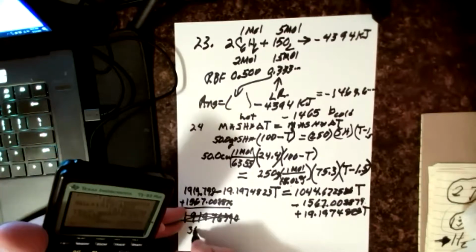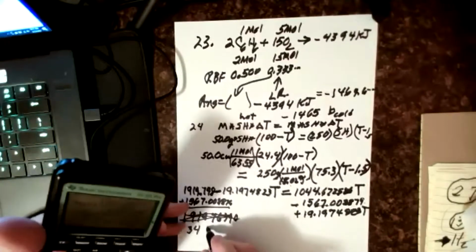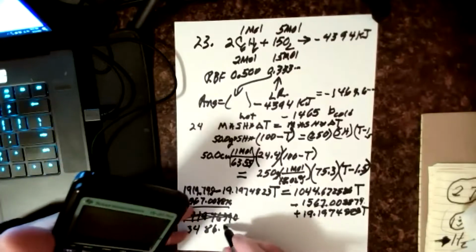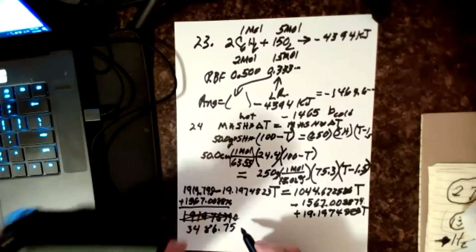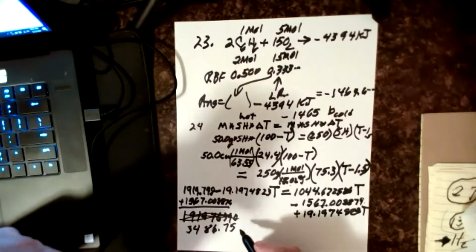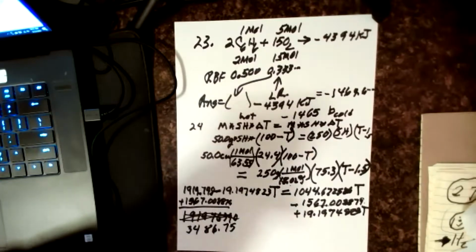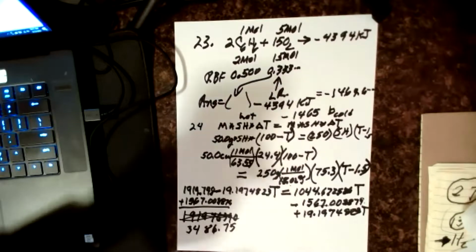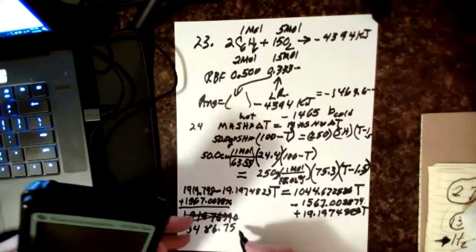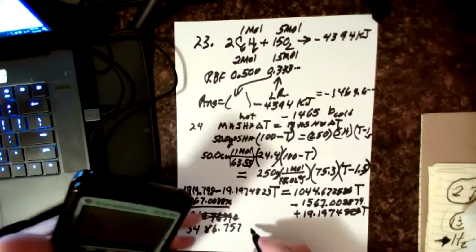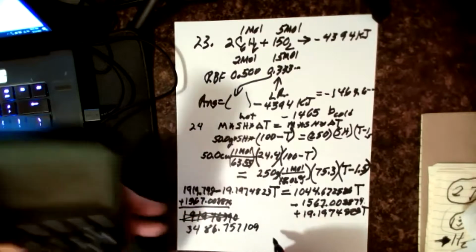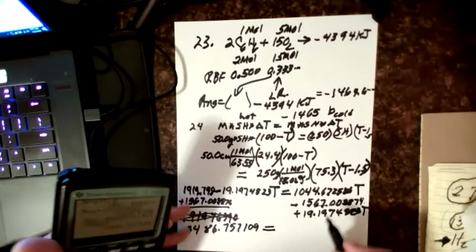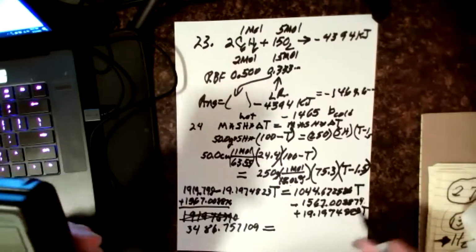I get 3486.75109. And now this is a number, and I want to add now the 1919.74823 to this number up here, 1044.